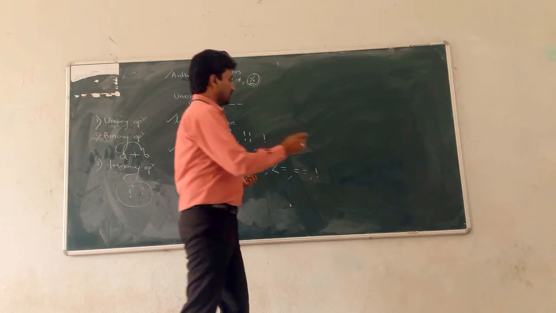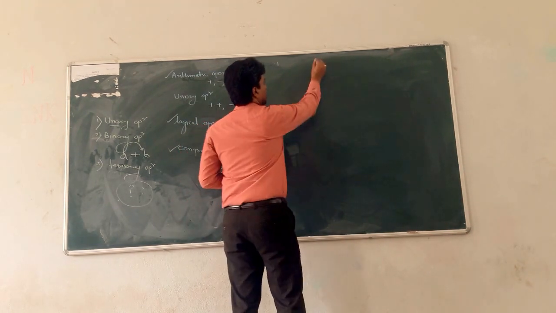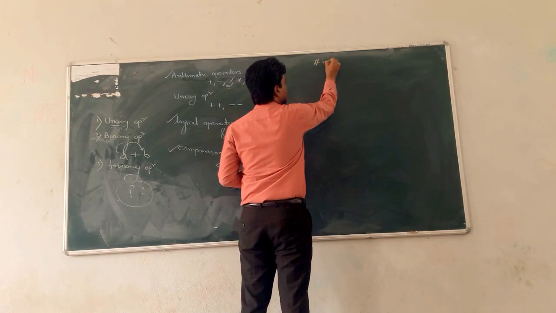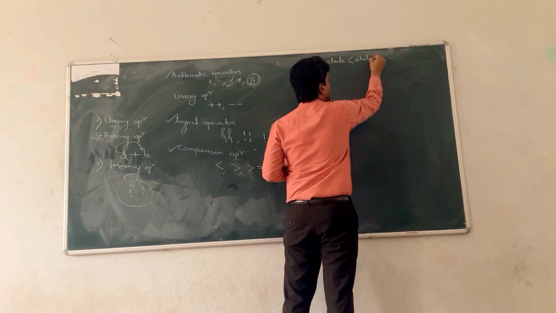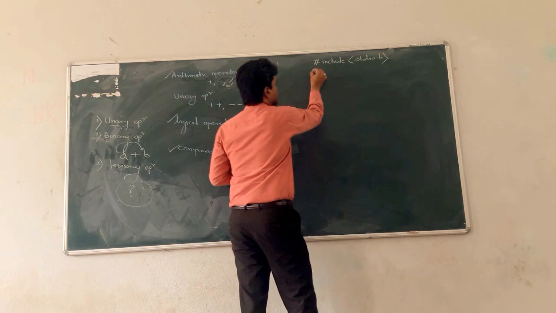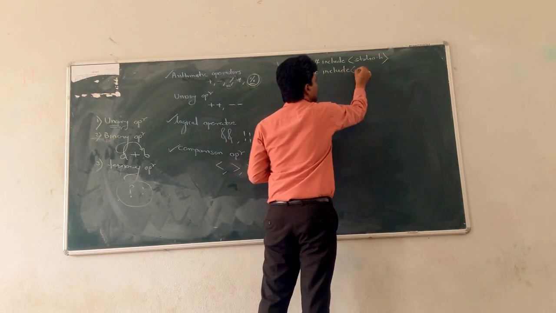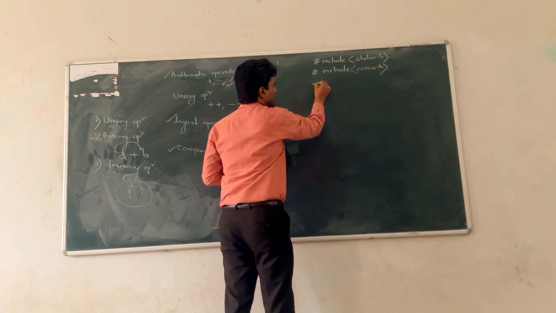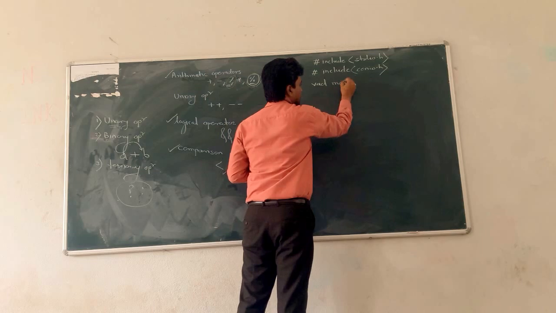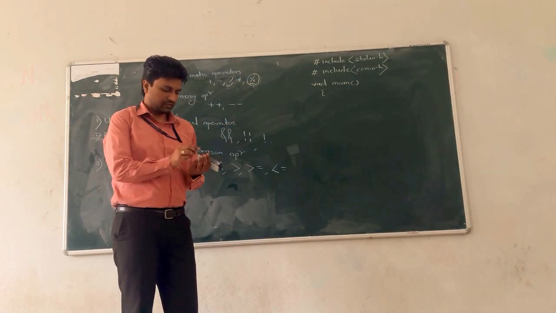Okay, so the program starts from hash include stdio.h, then include the second header file, hash include conio.h, then void main function. Okay, then curly bracket.